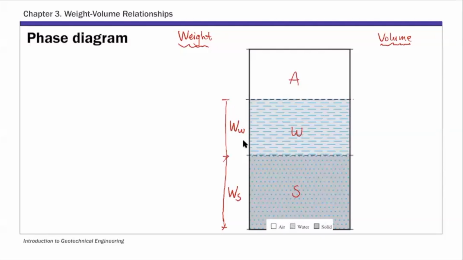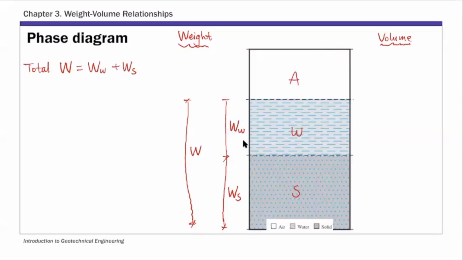The total weight of this soil we call W. The total weight is the sum of W sub W and W sub S. So this is the weight side of the phase diagram. We have weight of water, weight of solid, and total weight.